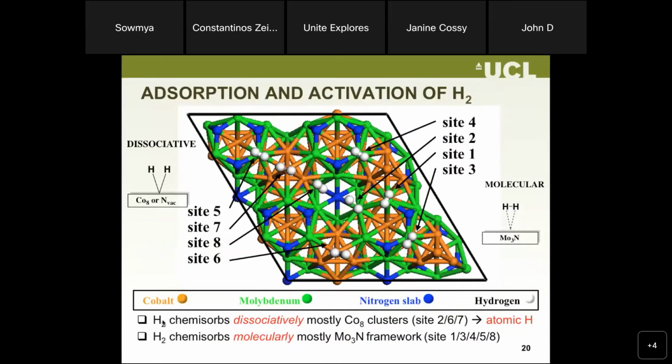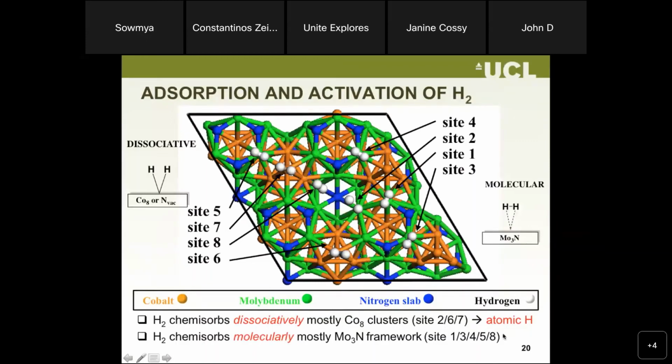Hydrogen chemisorbs dissociatively, mostly on the cobalt-8 clusters. That makes sense because it's a transition metal, so hydrogen likes to dissociatively adsorb on these cobalt clusters. And the hydrogen would chemisorb molecularly on the molybdenum nitride framework, which was sites 1, 3, 4, 5, and 8.